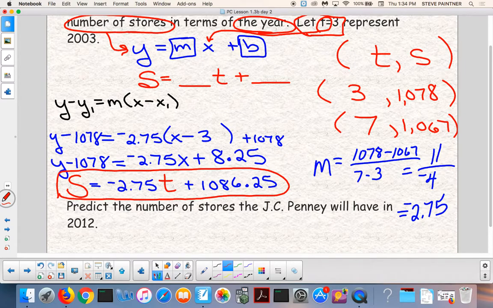Okay. So guys, now it says predict the number of stores JCPenney will have. Oh, that makes sense. Typo. Yeah. Predict the number of stores JCPenney will have in the year 2012. Take 2000 out. Okay. Good job. How do you do it? You gotta use your equation. Go do it. Go plug it in.